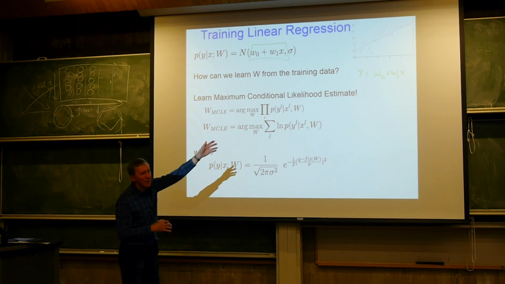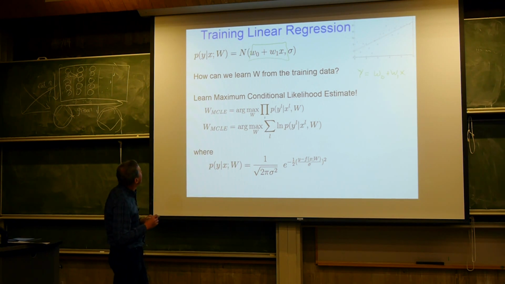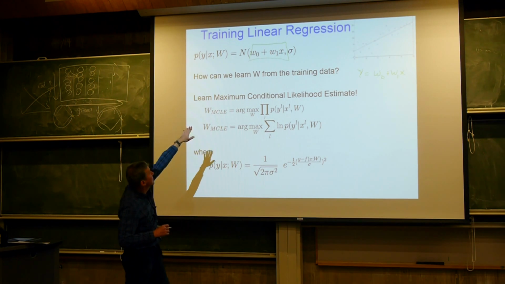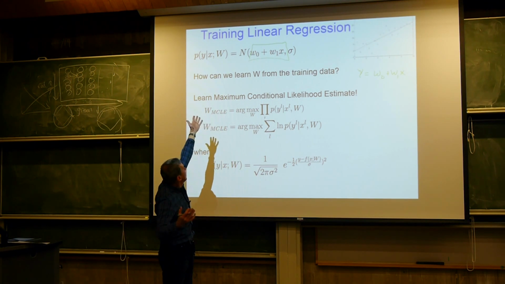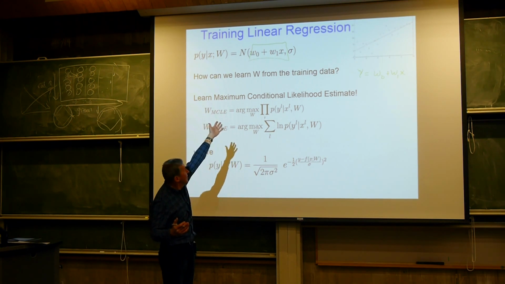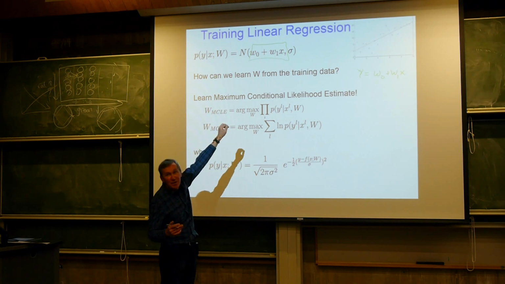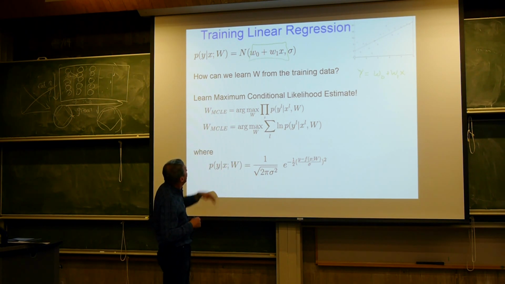Linear regression: we're going to estimate a linear function. And so now my probability of y given x is just a normal distribution whose mean is f of x, that is the true w0 plus w1 times x, and whose variance is sigma. How can we learn this?